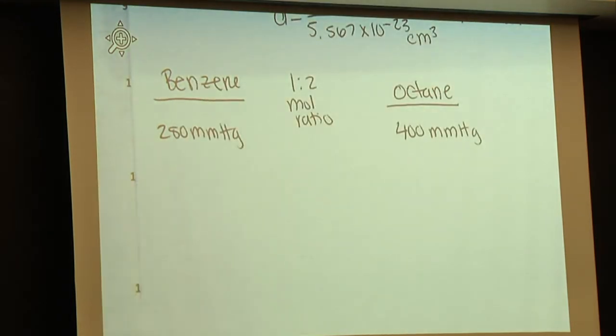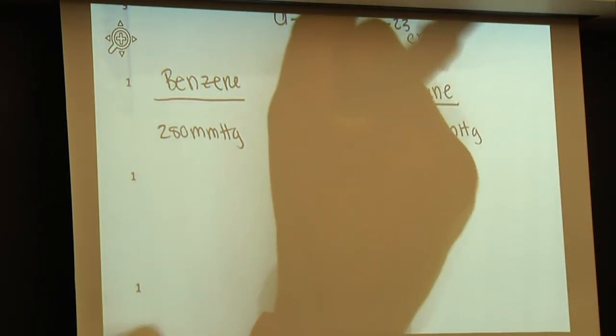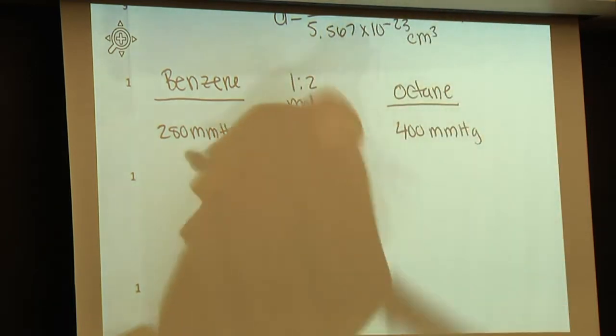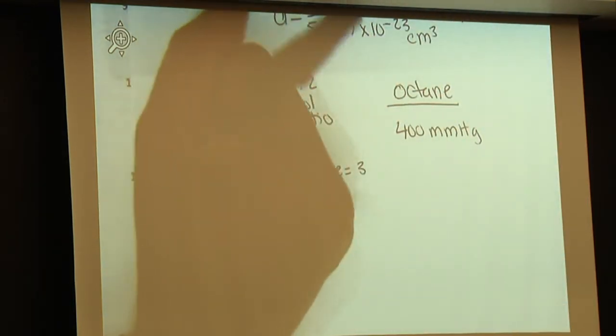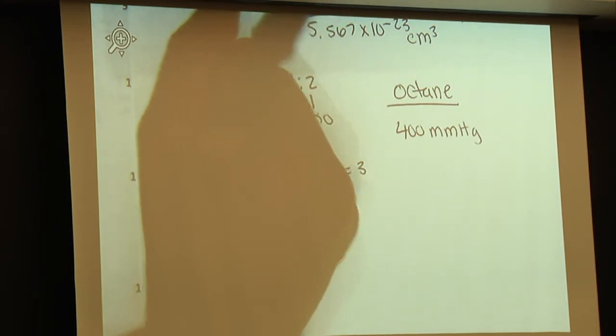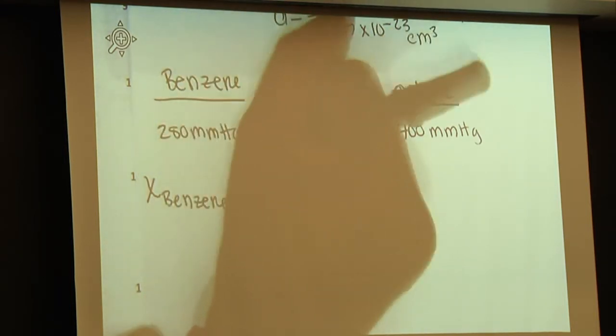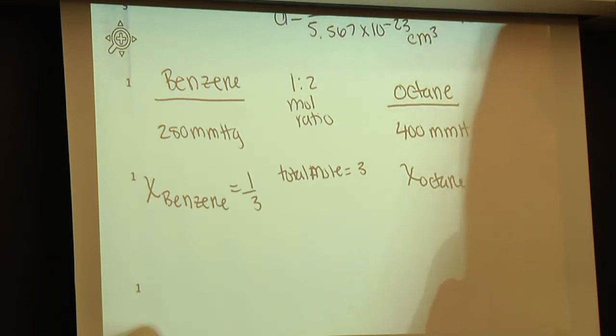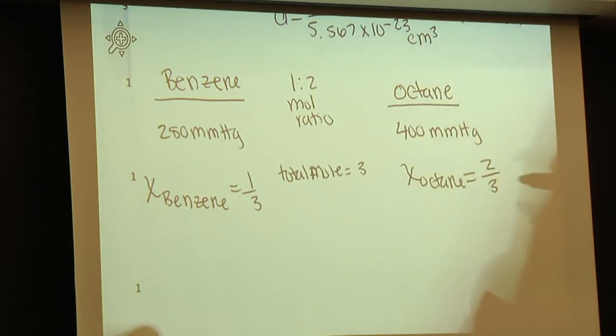So what would be our total moles? 3. So our total moles will equal 3. So for benzene, its mole fraction would be 1 over 3. And the mole fraction for octane would be 2/3.